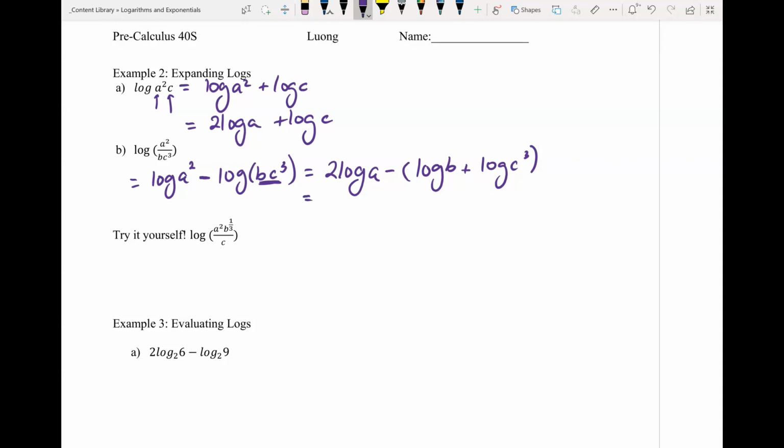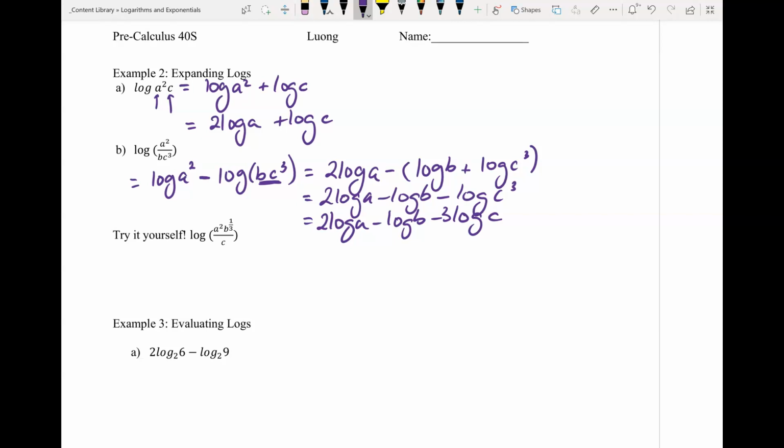And then I'm going to distribute my negative. One more thing I need to do, I'm going to bring down the 3 in front of log c because that is part of our power law. And then that is our final answer.